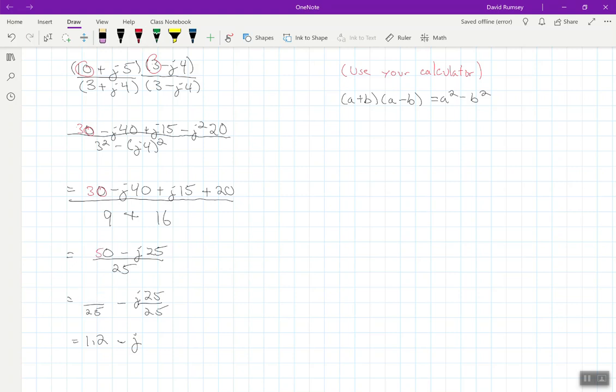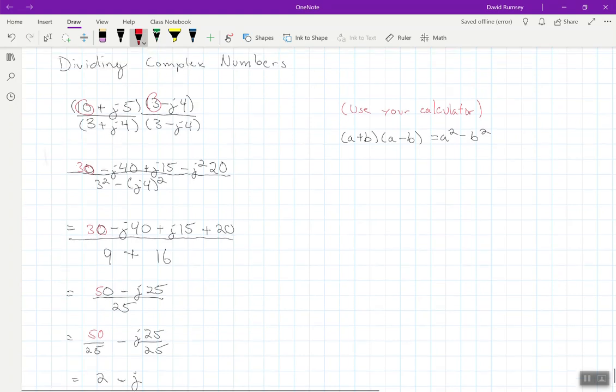And this would be 50, which gets me the 2 minus j. So I just demonstrated to you why we should use our calculators when doing this complex division here. And that's what I'm going to encourage you to do. I am not going to ask you on homework on this kind of problem to do this by hand. I expect you to do this problem using a calculator.